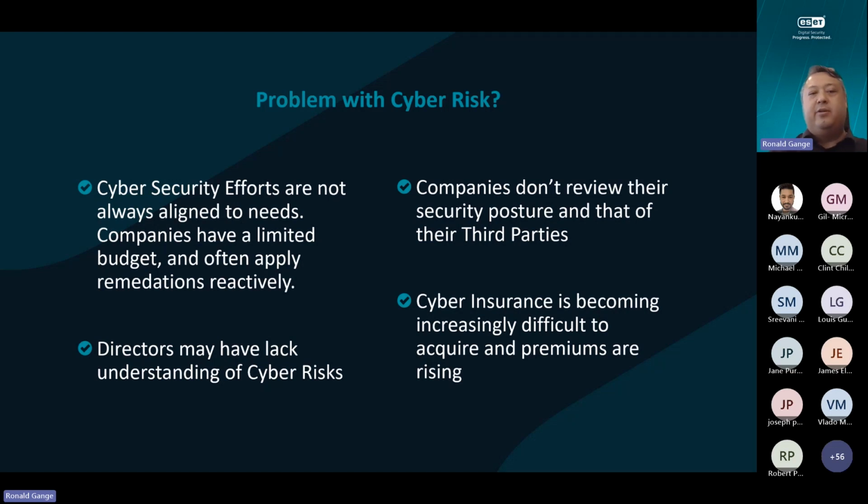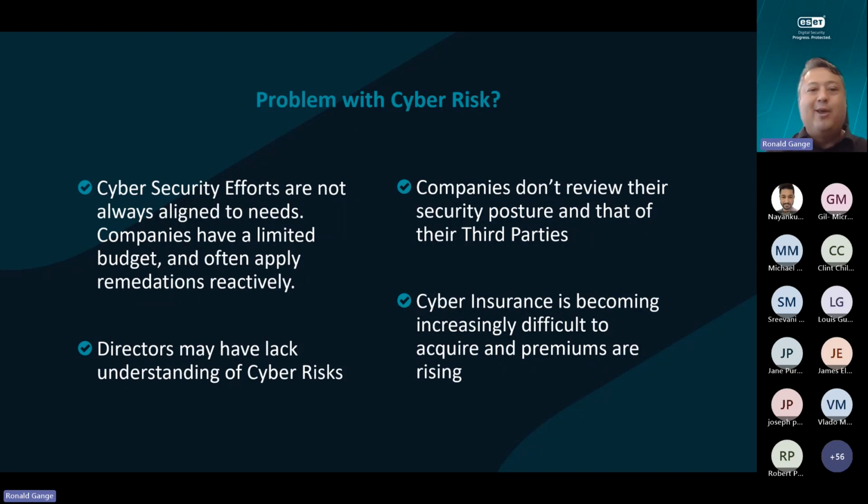The third problem is companies don't review their own cybersecurity posture or don't understand it, and that of their third parties. Things like MoveIt is an example of a third party being breached and it affecting those who rely on its services. The problem with that is that you can do a penetration test against your own network, against your own organization, but you can't really do it against a third party because there are some inherent problems there.